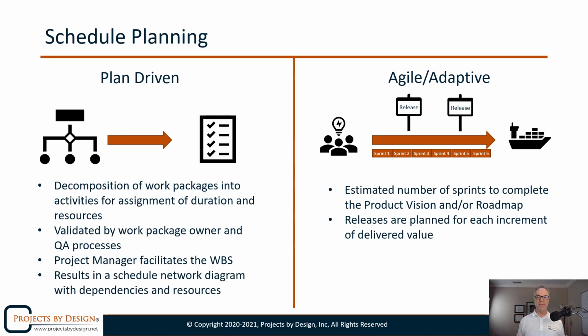But as long as management is asking that question, we're going to have to give some sort of prediction, but it's a different prediction than plan-driven. It's a prediction of, or a forecasting of when we have something usable by the customer or value that has been delivered, that they can take benefit from.